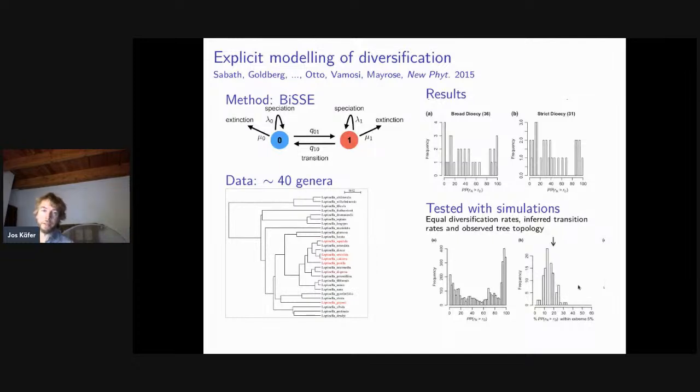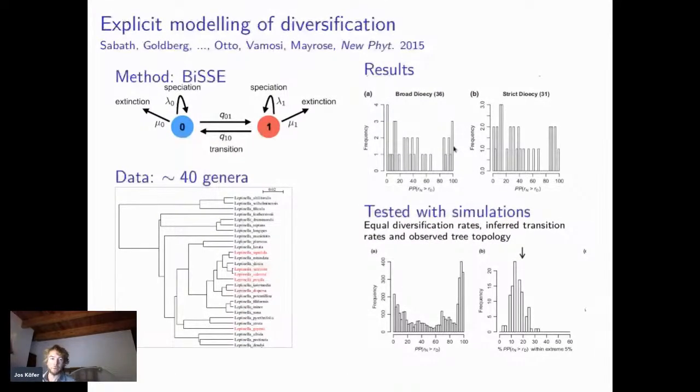So actually, this pattern of a very high probability of non-dioecious groups having a higher diversification rate could largely be explained by tree topology, and so possibly false positives.